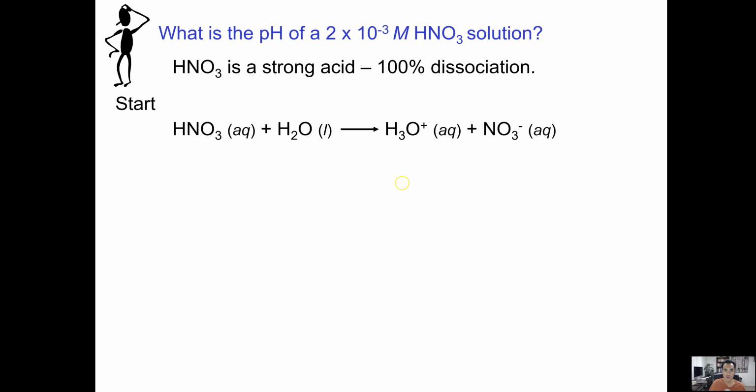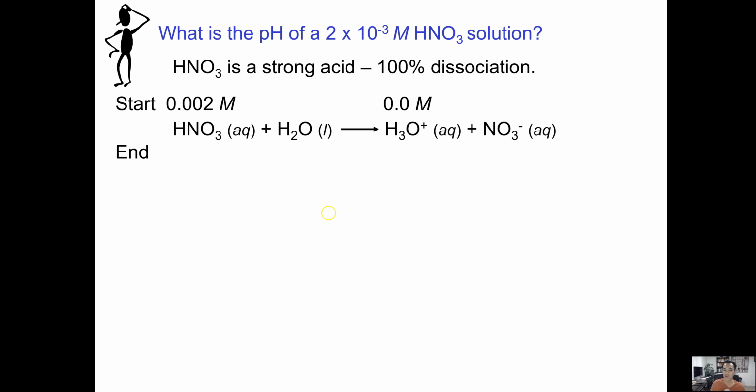Okay. Now, to start, you always write down the equation to show the ratio of those hydroxides and, obviously, those H3O hydroniums. Now, let's take a look at what you start off with real quick. What you're starting off with here is 0.02 molar of nitric acid. So again, a pretty low concentration.